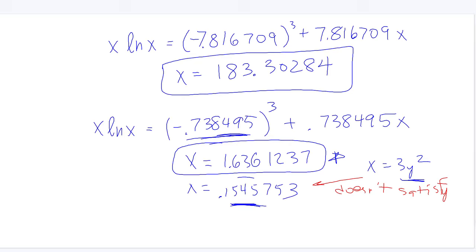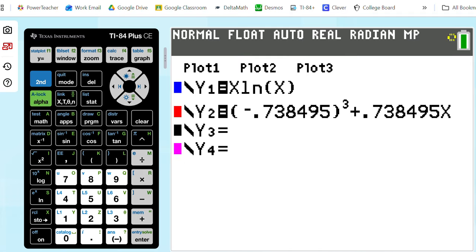So our last one was with that y value of 0.4902993. So we'll set x ln x equal to 0.4902993 cubed minus, this time, 0.4902993x. And we'll graph that in our graphing calculator.